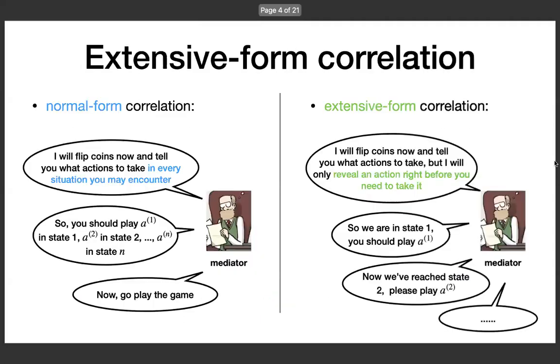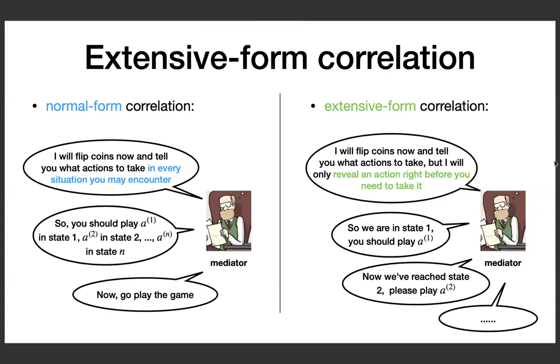Let me explain. The difference between normal form correlation and extensive form correlation is that normal form correlation is a one-shot thing. On the left, you see one example for normal form correlation. The mediator, which is the one who tells the players which action they should play in the equilibrium, says, I'll flip coins now at the beginning of the game and tell you what actions you should take in every possible situation you may encounter in the entire play of the game.